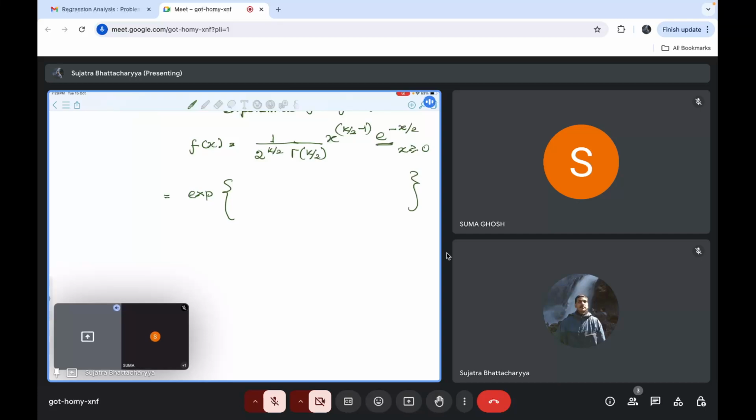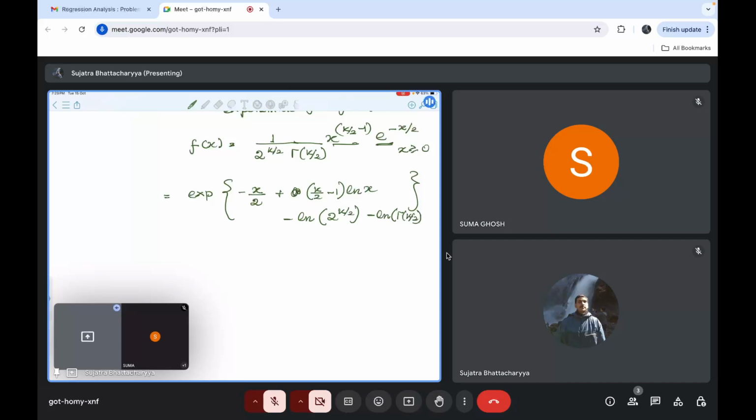One exponential term is there. So finally, we can easily write minus x by 2, plus (k by 2 minus 1) log x, minus log of 2 to the power k by 2, minus log of gamma k by 2.